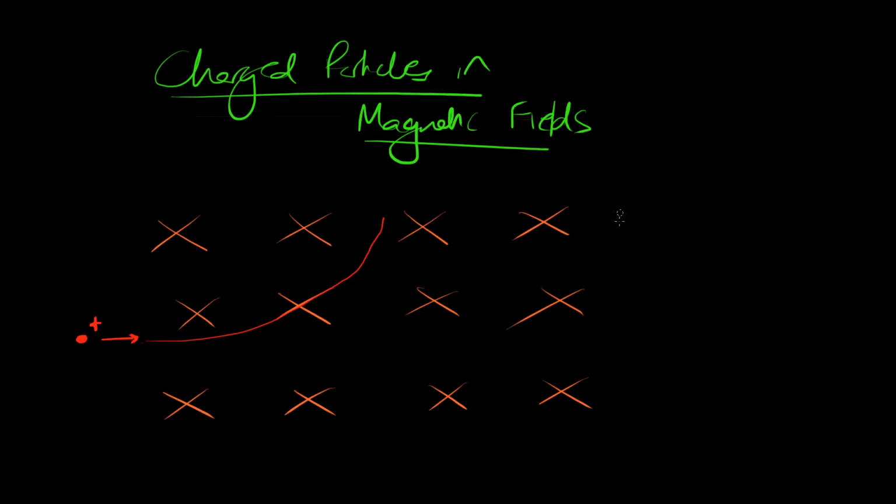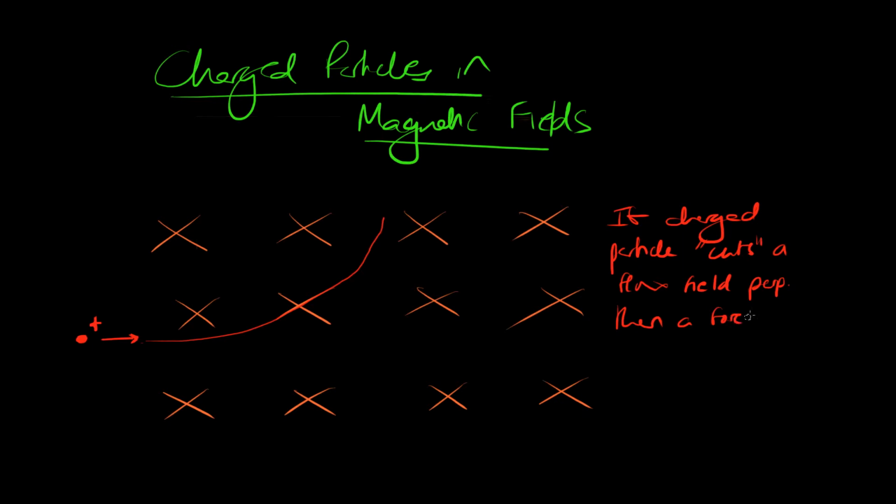So, if a charged particle cuts a flux field or a B field perpendicularly, then a force on that particle will be felt at 90 degrees to the direction of motion.